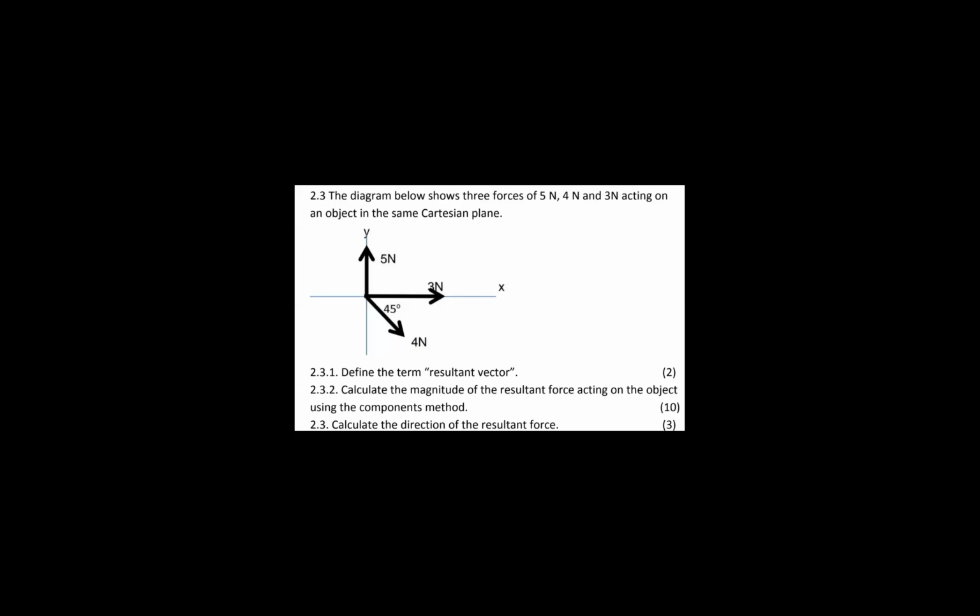Now, we are moving to 2.3.2, which says to calculate the magnitude of the resultant force acting on the object using the component method. So we're going to use the table. In this table, we have 5 newtons.